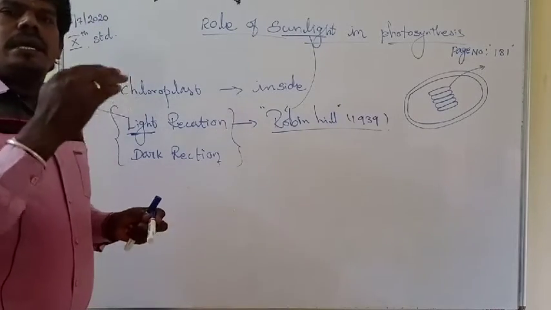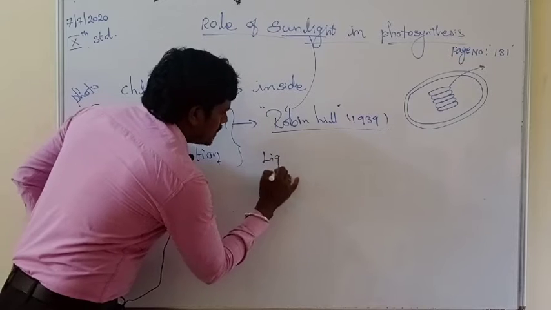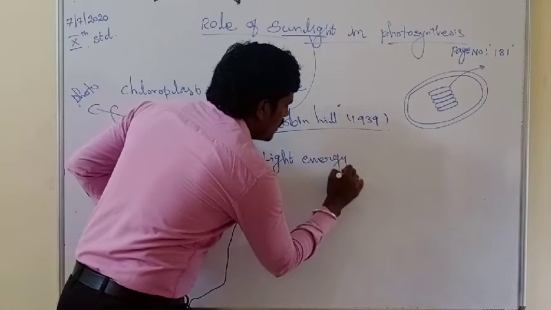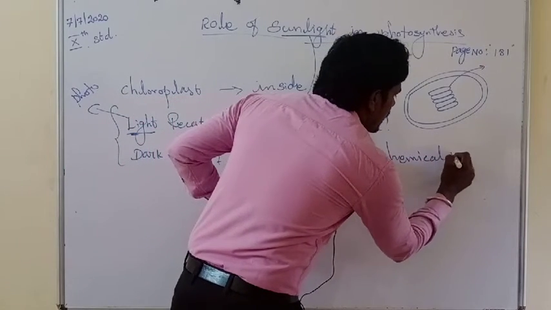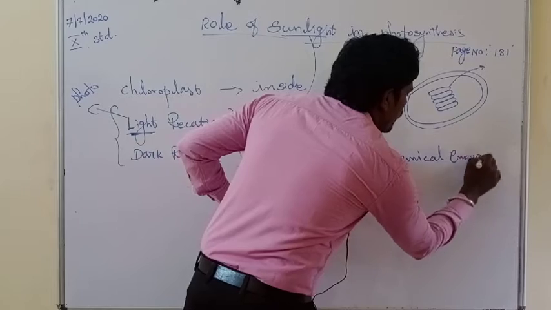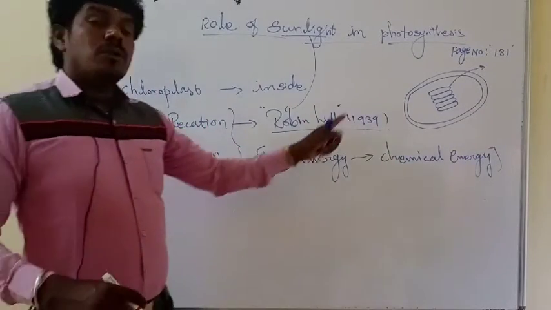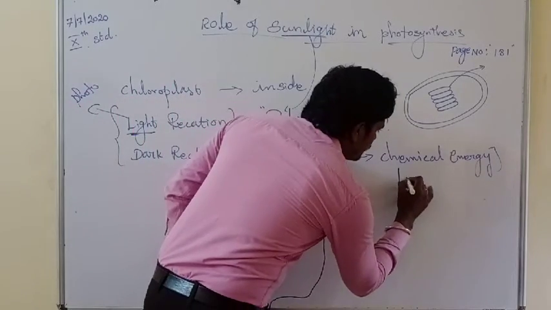So you can write: light energy is converted to chemical energy. Some textbooks mention it as life energy also.